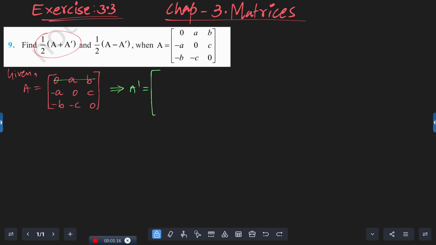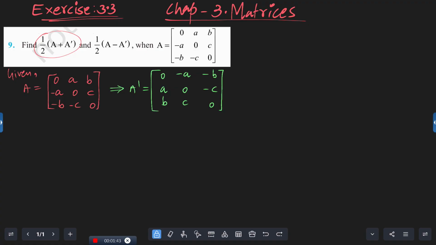This row we have to write as a column, means vertically we should write 0 a b. Like that, the second row you write as a second column, minus a 0 c. Like that, third row we have to write as a column, minus b minus c and 0. That's it. This is our required A dash.